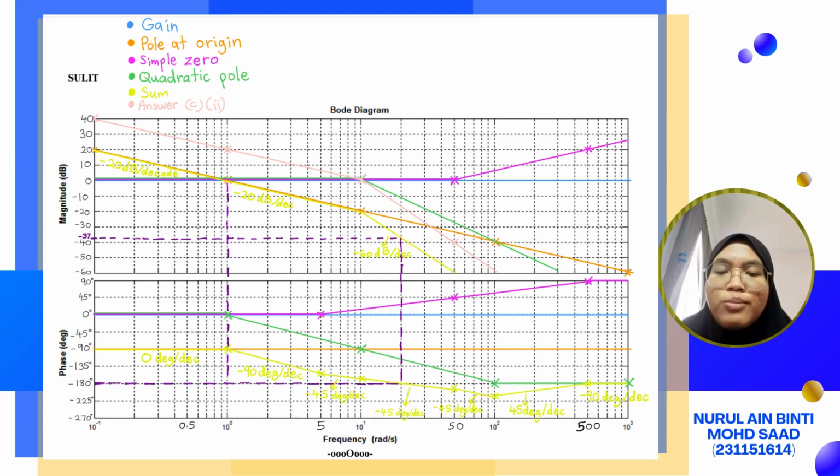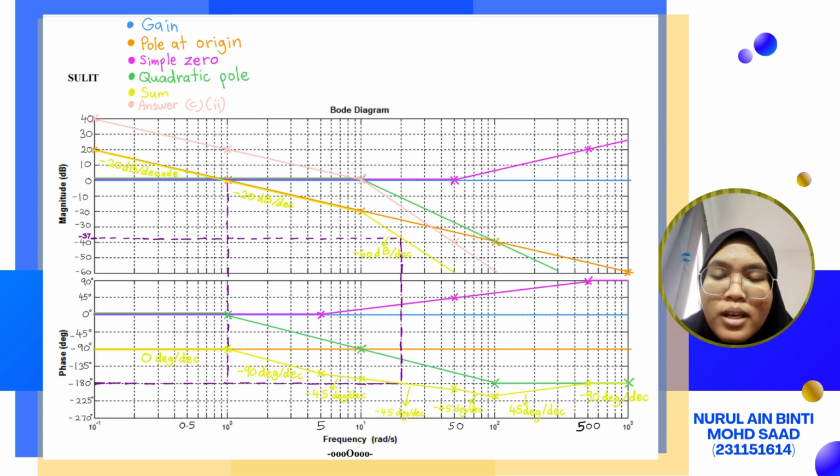I start from 0 dB, and starting from the cut-off frequency of 10 radian per second, I start to go lower to negative 60 dB. The quadratic pole is the green line. For the sum, which is the final line, the color is olive, starting from 20 dB, and then it goes down until negative 60 dB. This is the magnitude diagram.